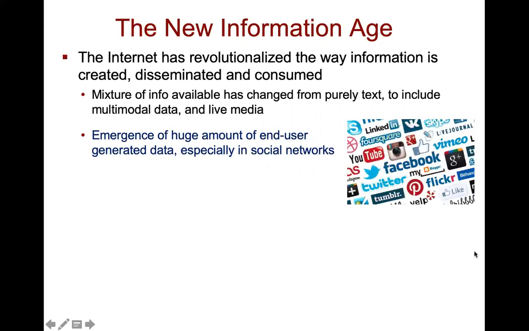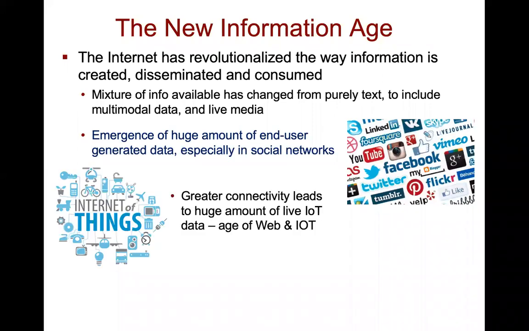So we get a lot of so-called end-user generated data. It's called UGC, user-generated content. We will use this term a lot in the future. The point here is that data is generated by users. It's not generated by, let's say, professional editors. It's just generated by everybody on the internet.